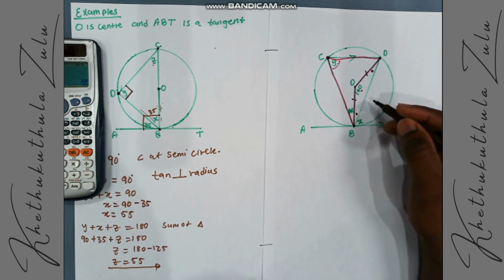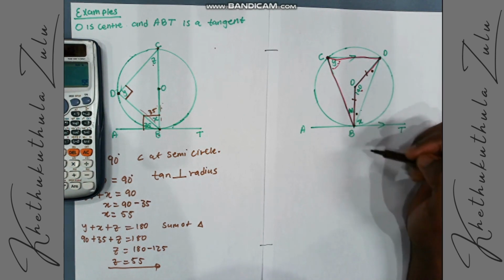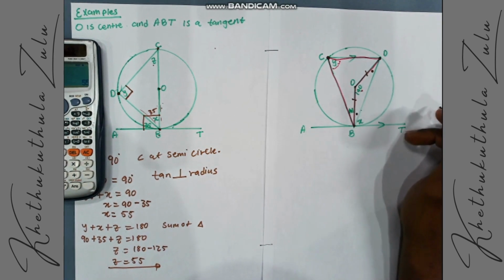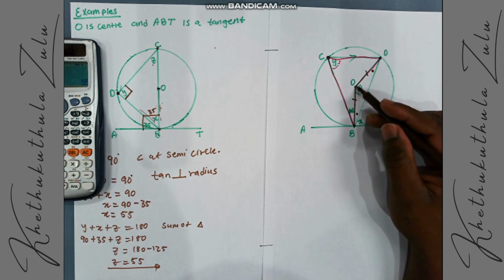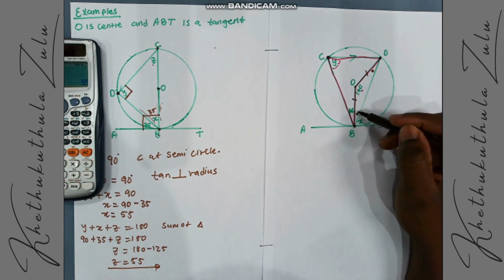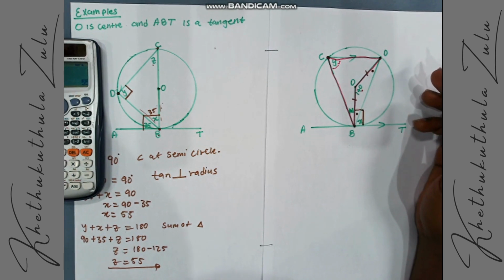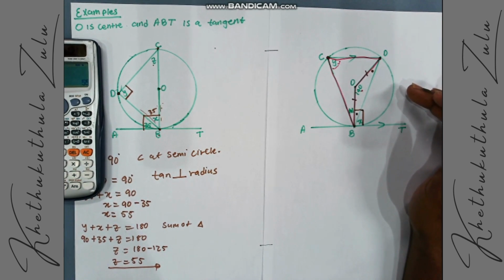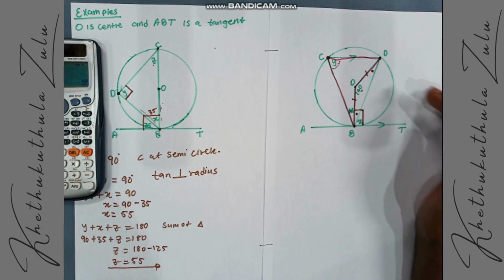Then again, now they are saying APT is a tangent. Then if a tangent, and we also have a radius, meaning these two, it's 90 degrees. Tangent perpendicular to radius. I hope you understand it.